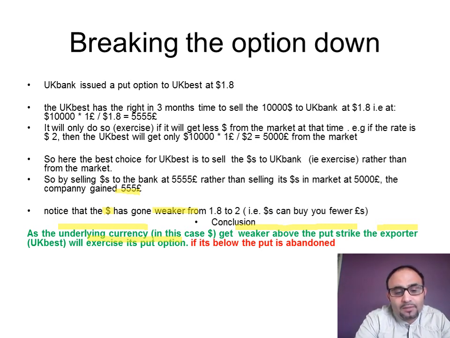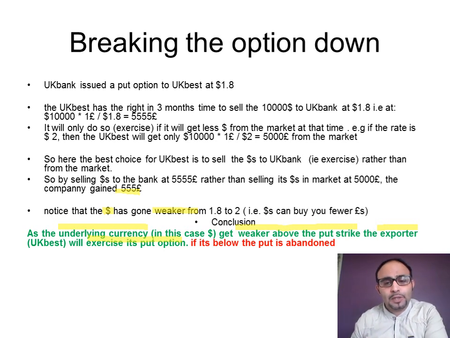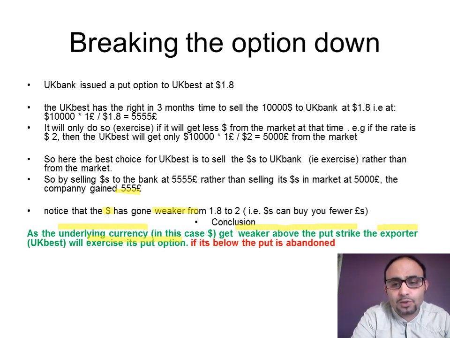From the other side, we have that the UK Bank has issued a put option to UK Best at $1.8, which means that UK Best has the right in 3 months to sell the $10,000 that it will receive from abroad to UK Bank at $1.8, i.e. it will give them the 10,000 dollars and receive from the bank 5,555 pounds.